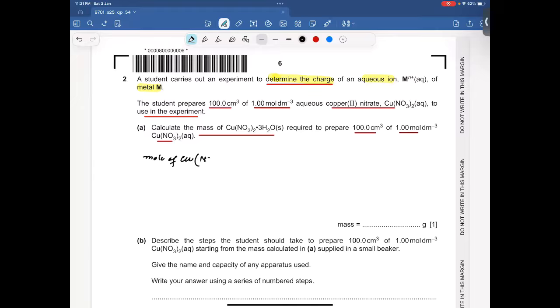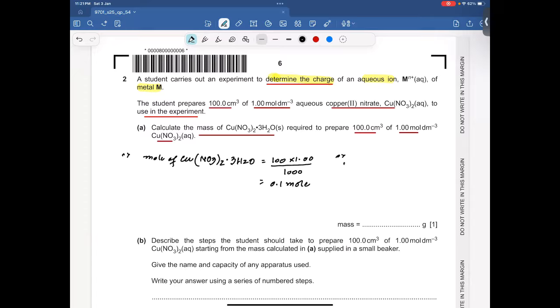Moles of copper nitrate, Cu(NO3)2·3H2O. So it's 100 into 1.00 divided by 1000, so it's going to be 0.1 mole. Okay, that's the first step.